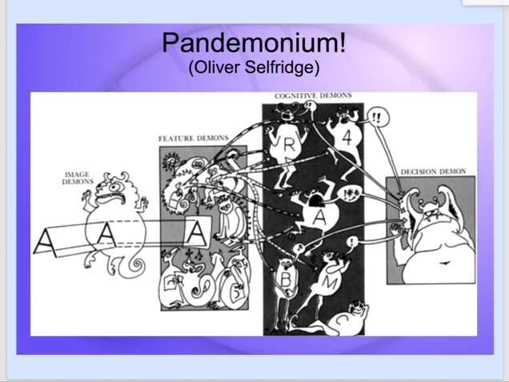The feature daemons, if they see something, they start yelling and sending information to the cognitive daemons. The cognitive daemons start yelling depending upon how much information they get. And then the decision daemon is basically sitting there listening to figure out which of the cognitive daemons is yelling the loudest. So you can think of a detector system as operating that way.